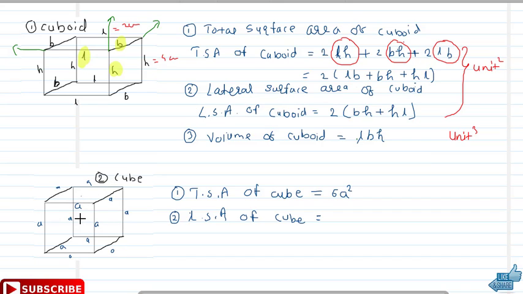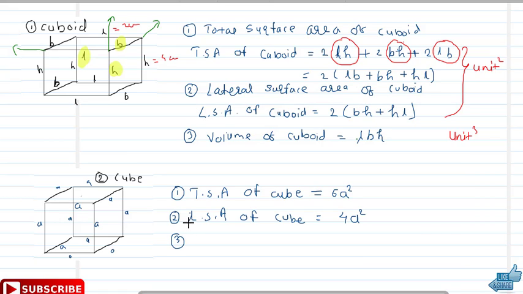For lateral surface area, you can see area of the square is side square, means A square. And how many lateral surfaces are here? The first one is front, second is back, third is this side, and fourth is this side. So there are 4 side square. And number 3, that is volume.